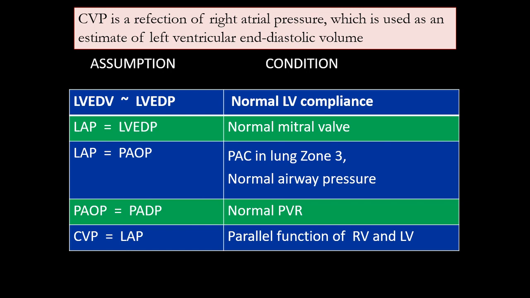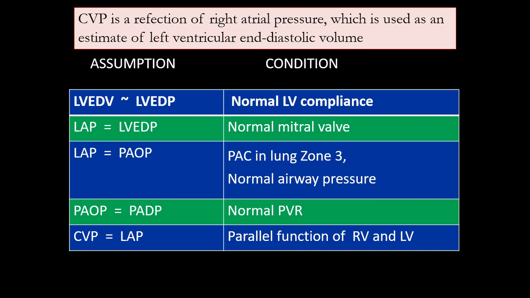Left ventricular end diastolic volume may reflect the left ventricular end diastolic pressure where the LV compliance is normal. Left atrial pressure is equal to the left ventricular end diastolic pressure in a normal mitral valve. Left atrial pressure is equivalent to the pulmonary artery occlusion pressure where the pulmonary artery catheter is in lung zone 3.